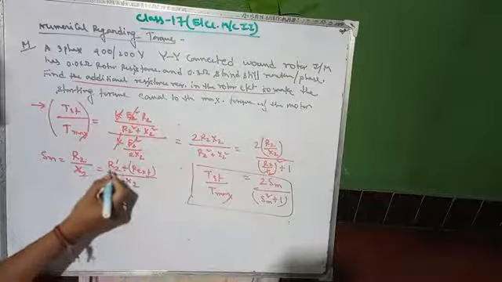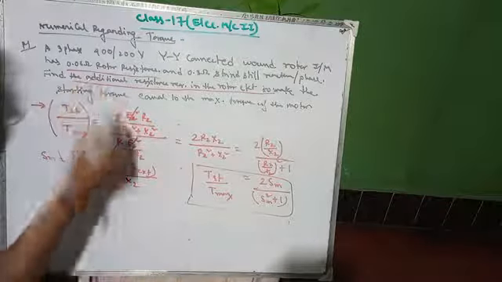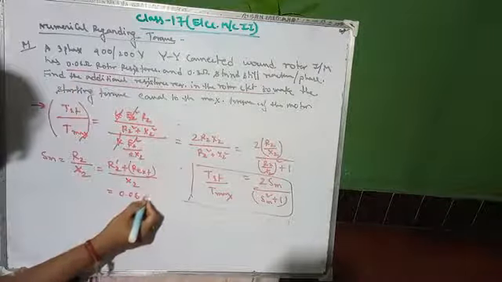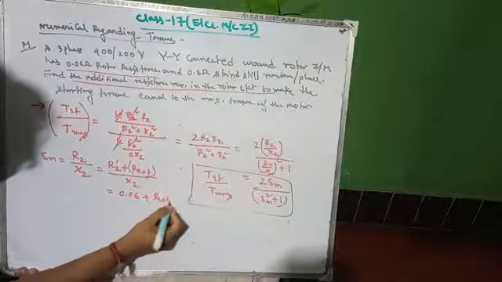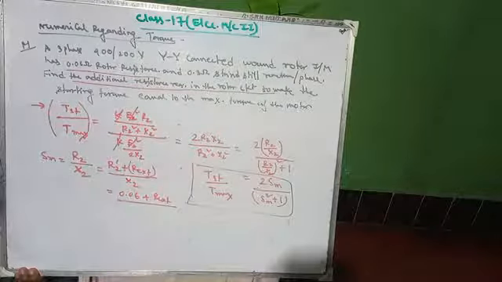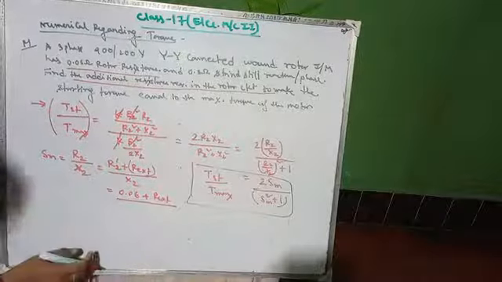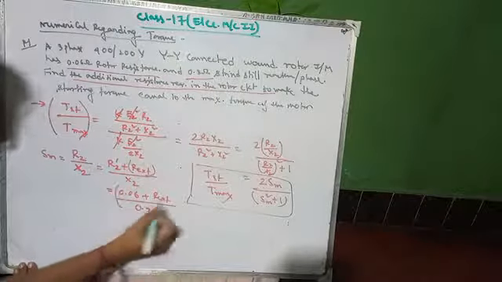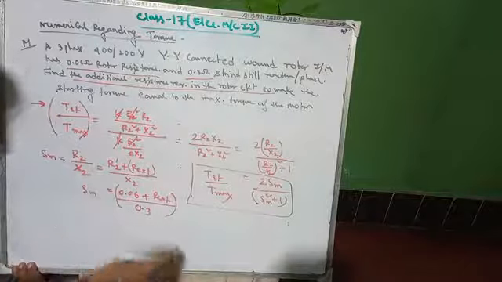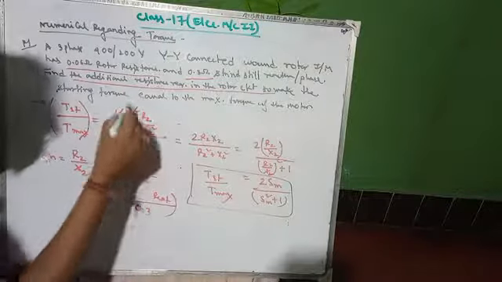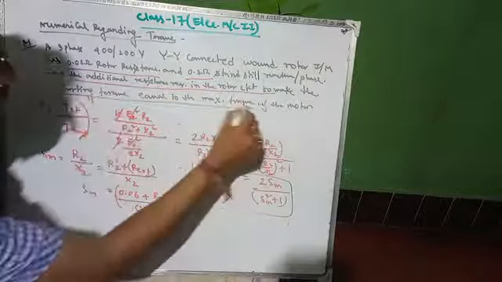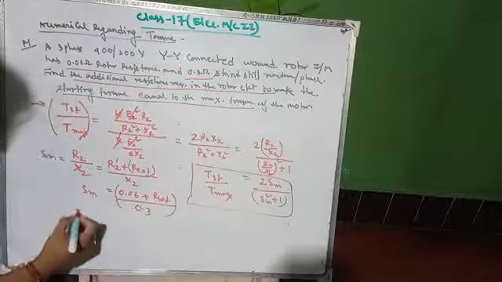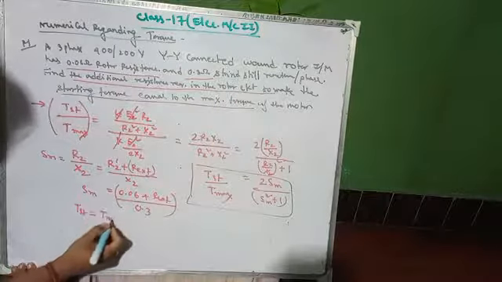So R2, whatever the resistance in previous case, I am considering it is R2 dash plus Rext by X2, right? So R2 equals to rotor resistance 0.06 per phase, that is 0.06 plus Rext you have to find, divided by X2. What is the value of X2? X2 equals 0.3, right? So this is your Sm. Now for starting torque equal to the maximum torque, TST equals to Tmax.